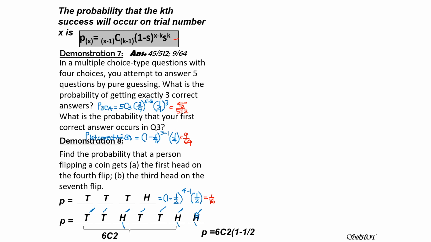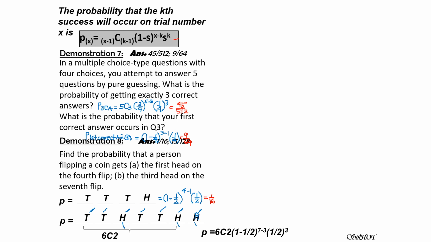So 6 combination 2, 1 minus 1 half. This is by the formula up there. So 6c2, 1 minus 1 half raised to 7 minus 3 times 1 half raised to 3. And this is equal to, so for the first one, 1 over 16, second one, 15 over 128.